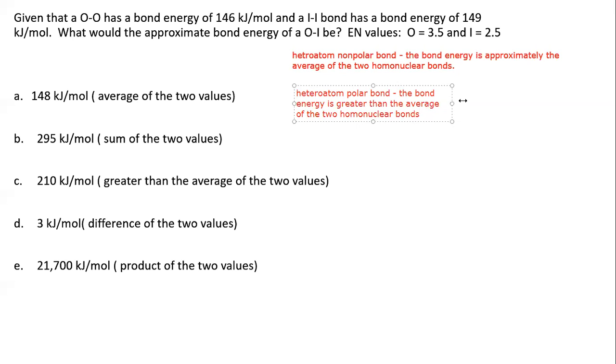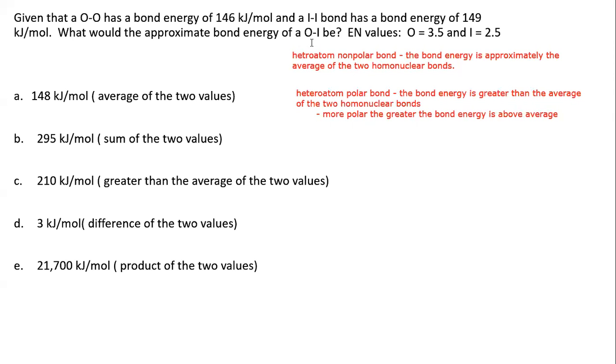So if you have a polar bond, the bond energy of that heteroatom polar bond is going to be greater than the average. And the more polar it is, the greater the bond energy is above the average.